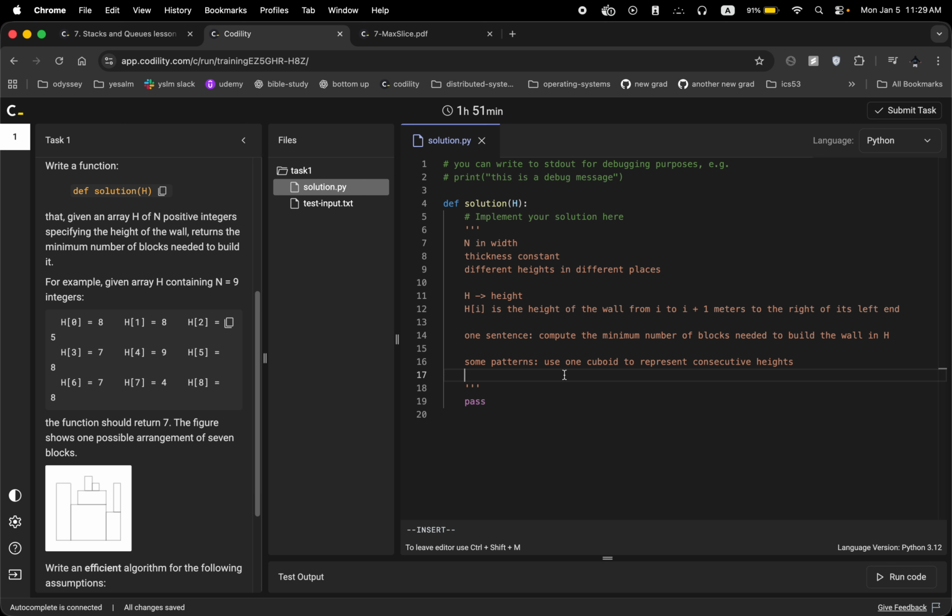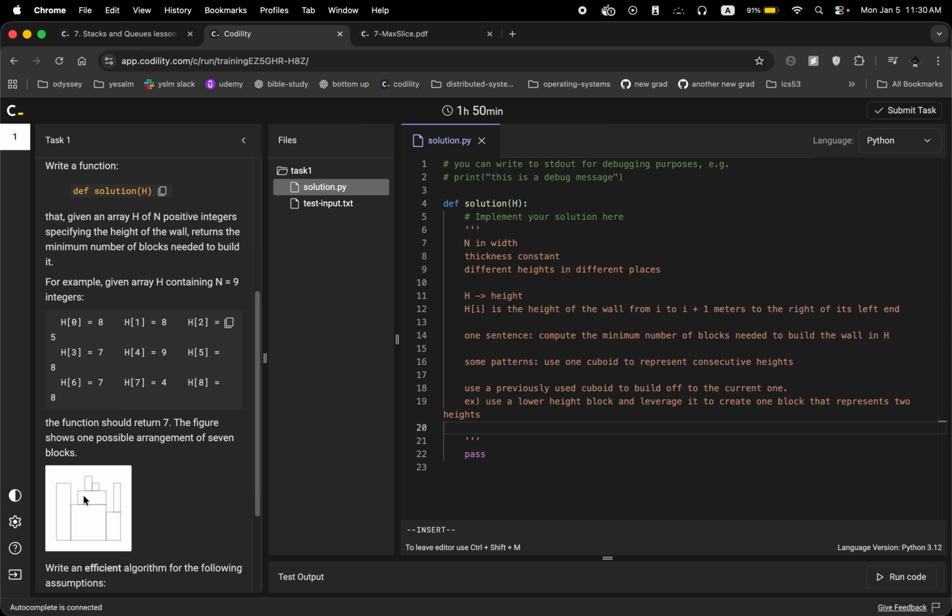Another case is where we can use a previously used cuboid to build off to the current one. Let's use a lower height block and leverage it to create one block that represents 2 heights.